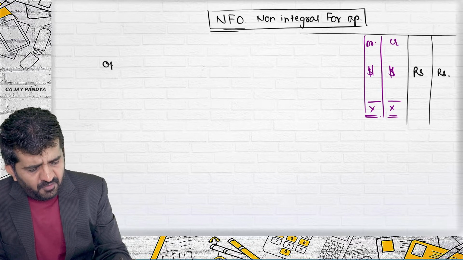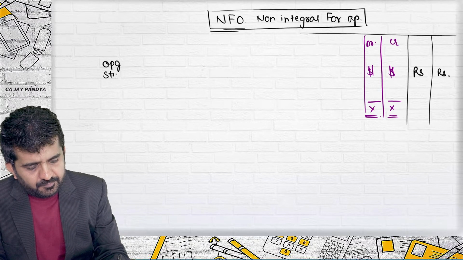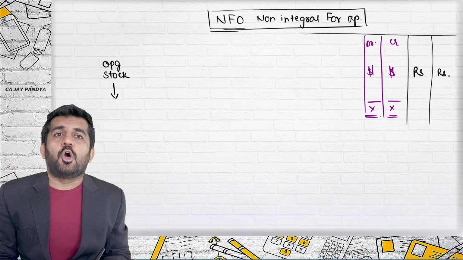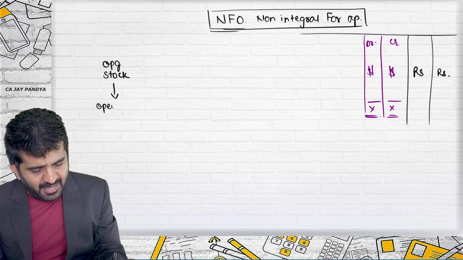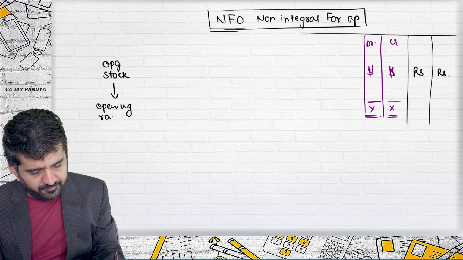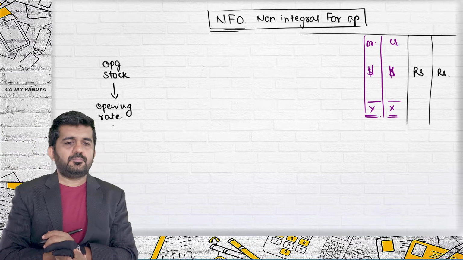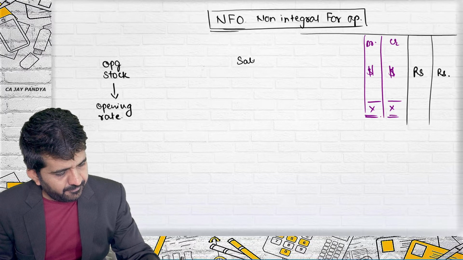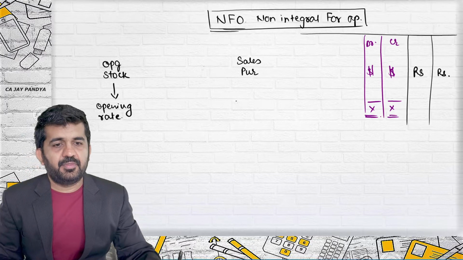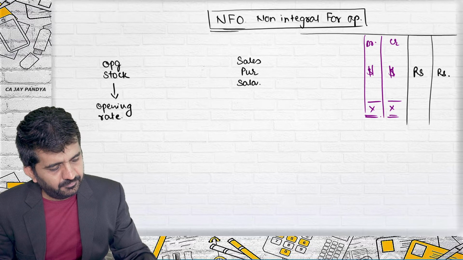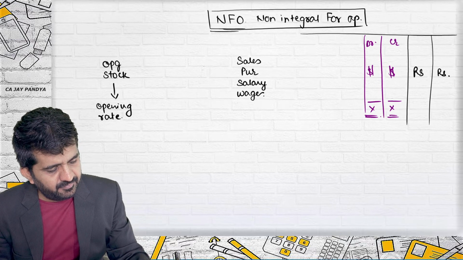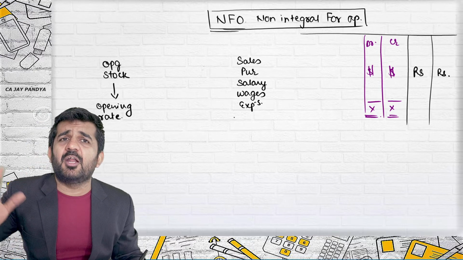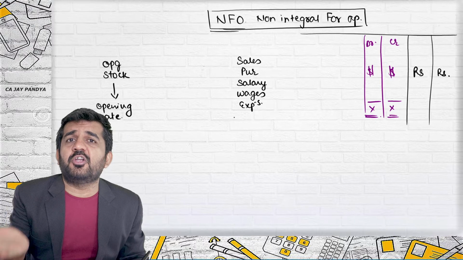If it is opening stock, say in trial balance, there will be opening stock. Opening stock will be at opening rate. Sales, purchase, salary, wages, expenses, incomes, believe me, those all are profit and loss items, which are not transferred to next year.